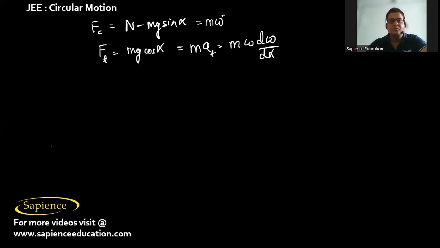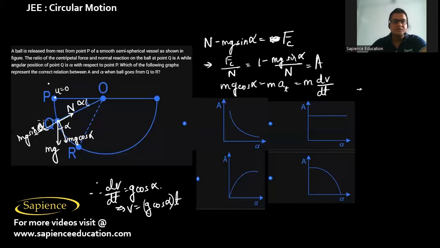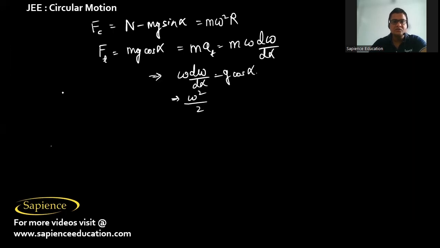Fc is equal to m omega square r. So therefore omega d omega by d alpha is equal to g cos alpha. Initially the speed was 0, so the angular speed was also 0. So this will be omega d omega equal to g cos alpha into d alpha.